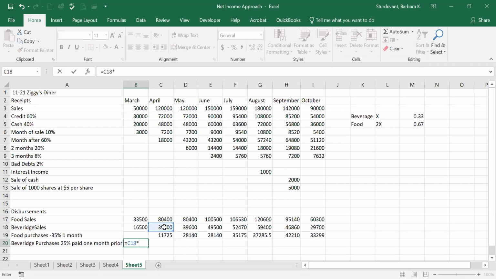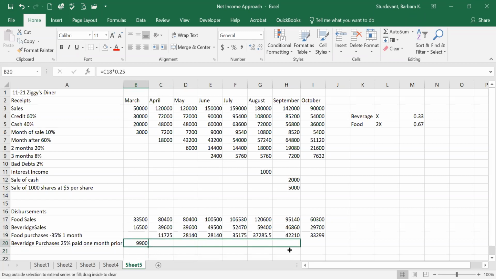We would multiply it by 25% because they are paid for 1 month prior. So food purchases are paid for 1 month later. Beverages are paid for 1 month prior. And again, follow the directions.